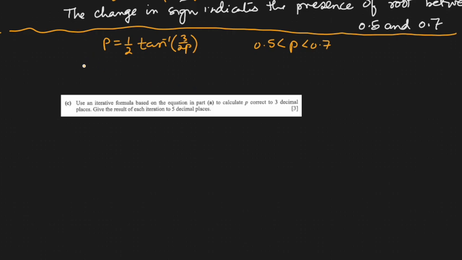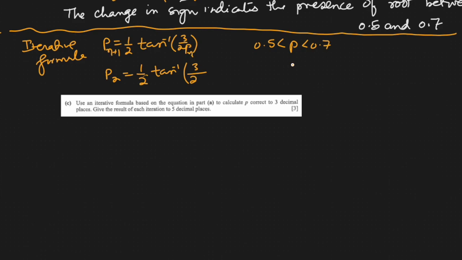Okay. So what will I do? I will write this one as Pn plus 1, and this will become Pn. This is how it becomes an iterative formula. So Pn plus 1 will be P2 for my starting half tan inverse 3 over 2 times P1, because if n is 1, this becomes 2.